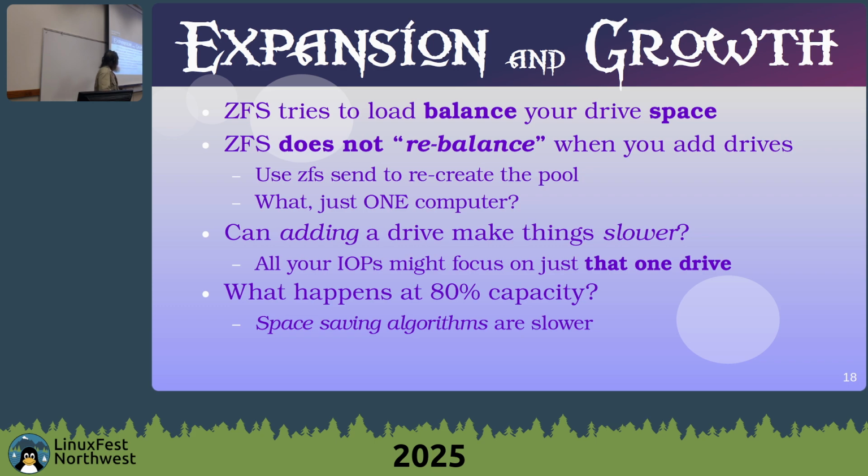At 80% capacity, ZFS kicks in its long storage search algorithms to find loose blocks, not long extensive blocks that are clearly unoccupied. So the space-saving algorithms are slower, and you will notice a slowdown when you get above 80% storage in your ZFS pool.